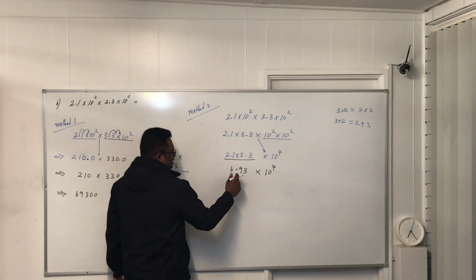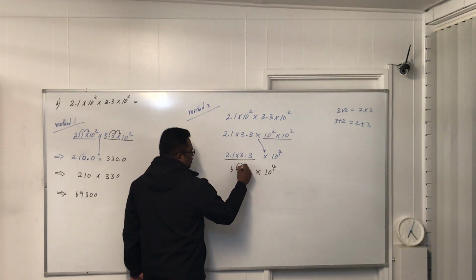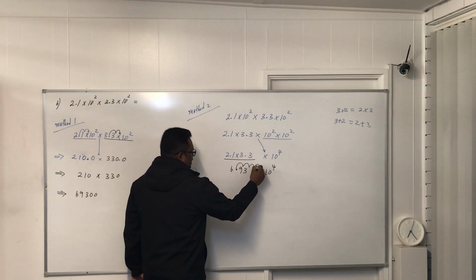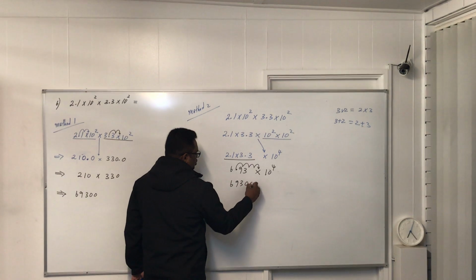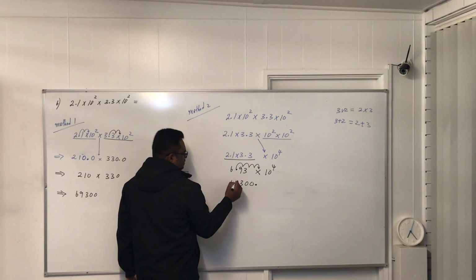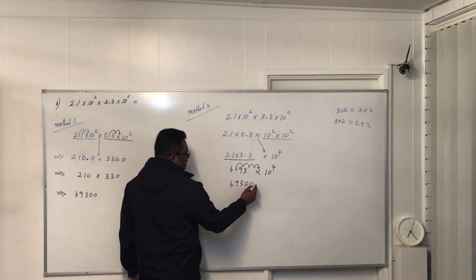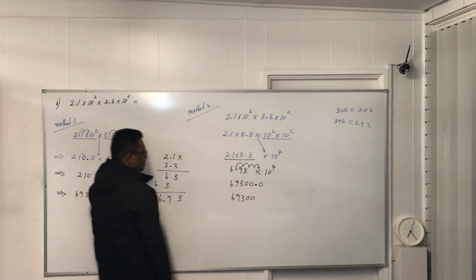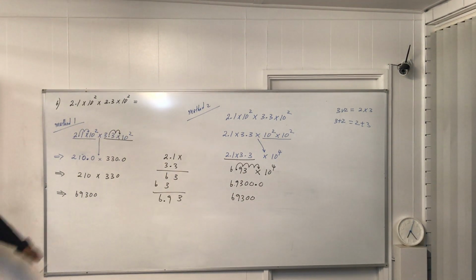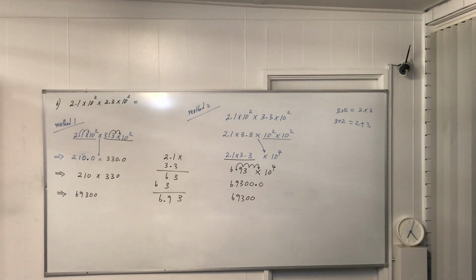Now what about this? This decimal moved 4 times, right? So it's going to be 6, 9, 3, 0, 0. It was here earlier. 1, 2, 3, 4, yes. It's going to be 69300, which is the same answer. Right? Now you understand? Everyone?